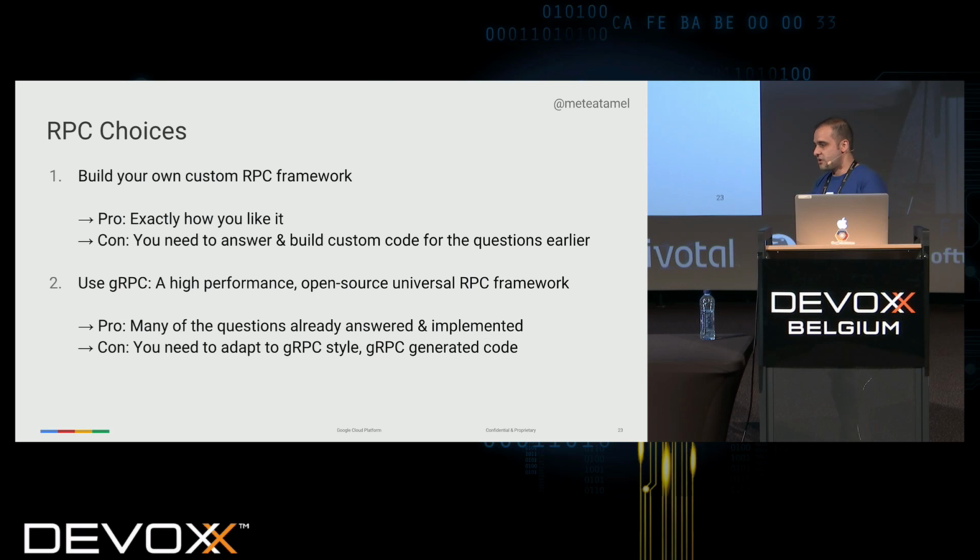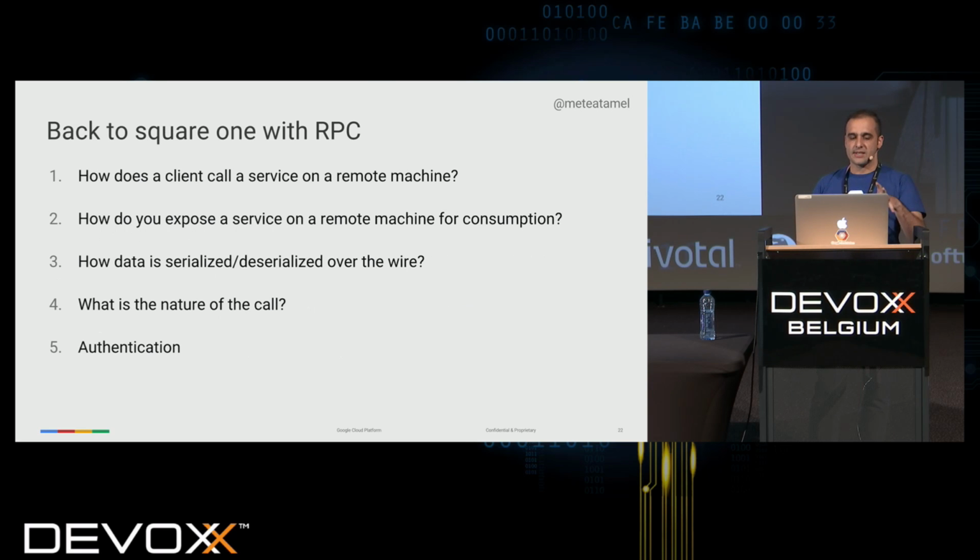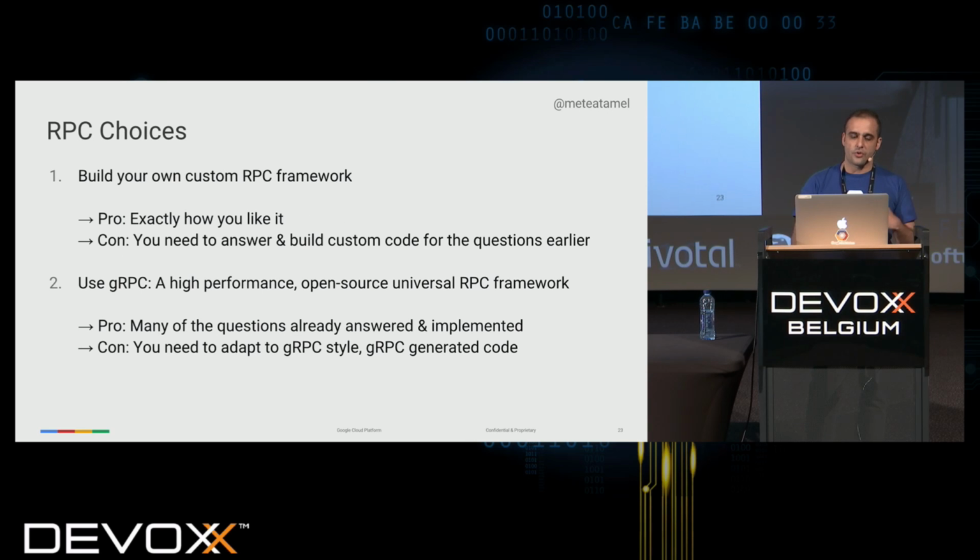Thankfully, there is another choice, which is gRPC. gRPC is a high-performance, open-source, universal RPC framework that you can use. The good thing is that all the questions we asked here are already answered and implemented in multiple languages for you. You don't have to answer them or think about them. They're already there.